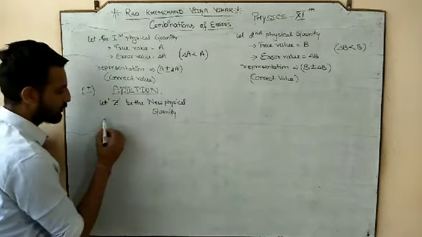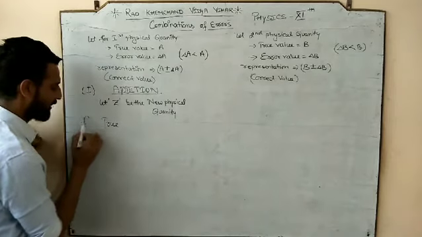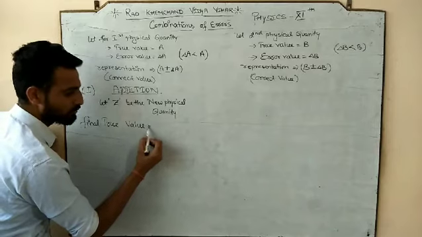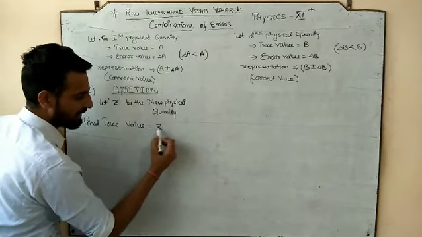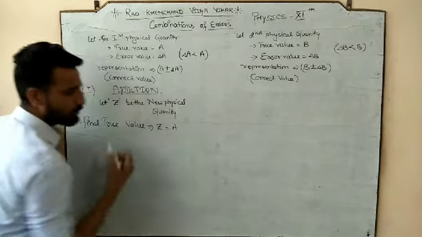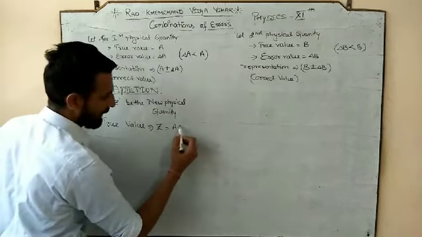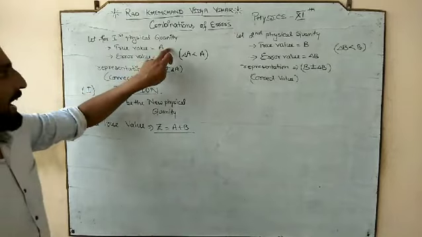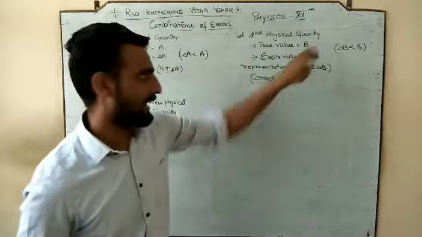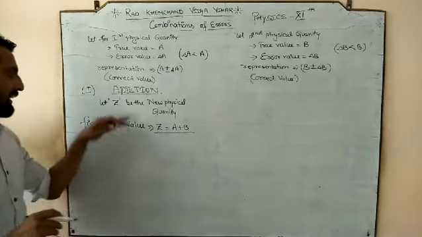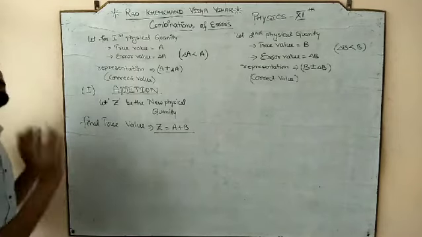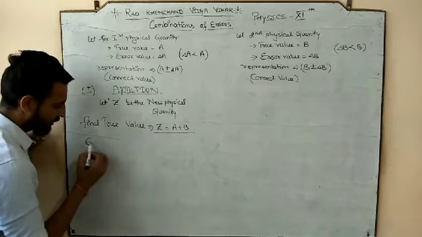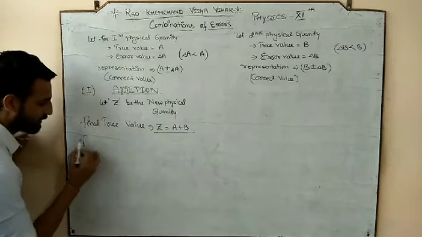So what is your new true value? The final true value would be Z, which is equal to the true value of the first plus the true value of the second. By adding the true value of the first and the true value of the second, we get the final true value because we are performing addition. So let's find out the final correct value.